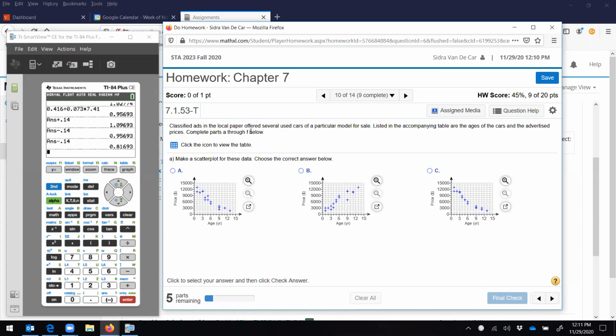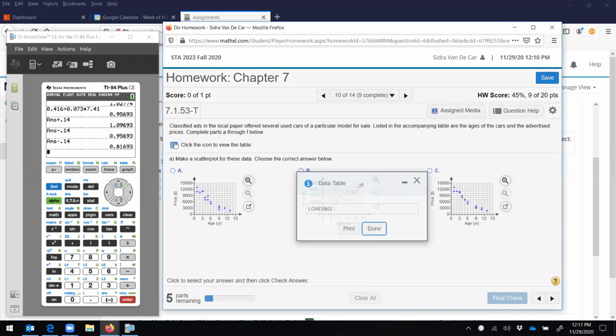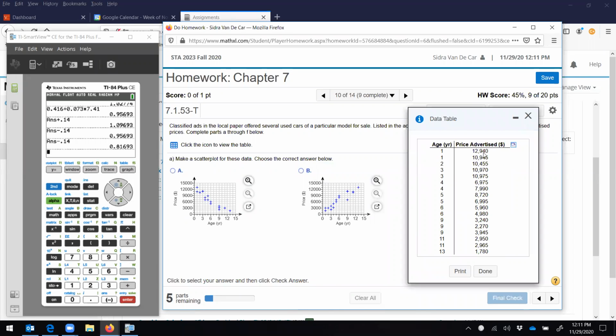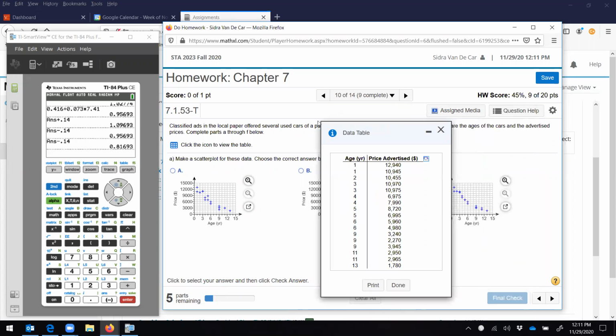Classified ads in the local paper offered several used cars of a particular model for sale. Listed in the accompanying table are the ages of the car and the advertised prices. Okay. Make a scatter plot of these data. So let's see. 1 is up at 12.9. So this plot is incorrect because 1 doesn't have a point up here at 12.9.